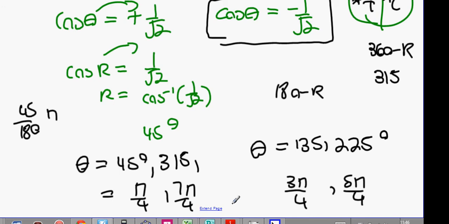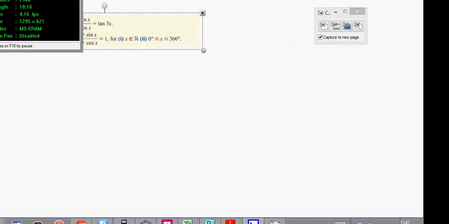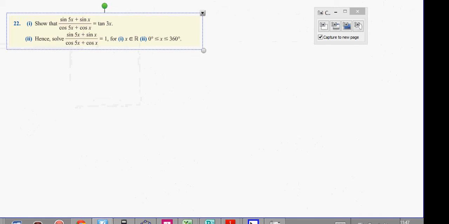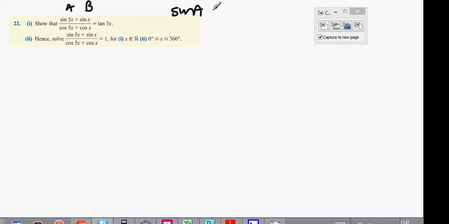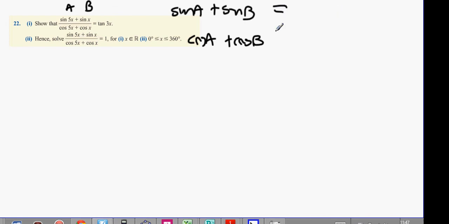Okay guys. Here it's going to be: show that sine 5x plus sine x over cos 5x plus cos x equals tan 3x. It's sine a plus sine b, and I'm also looking for cos a plus cos b. Now what it turns out to be, when I look up both formulas on page 15, what I'm going to get is this.